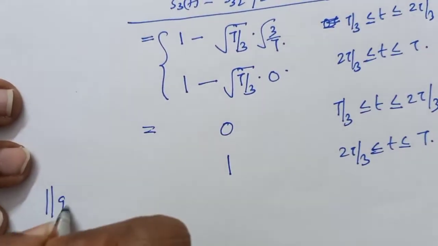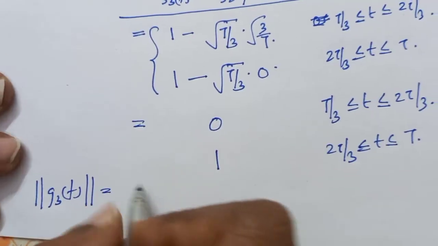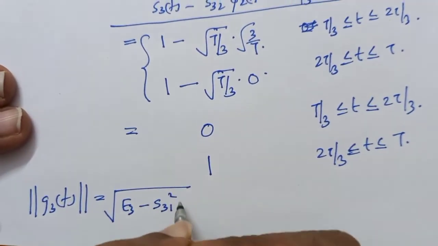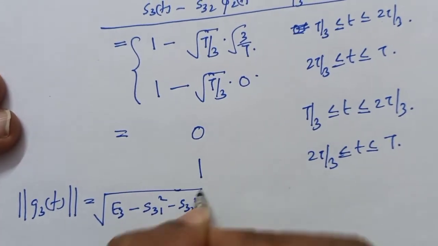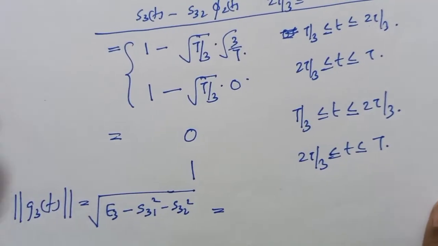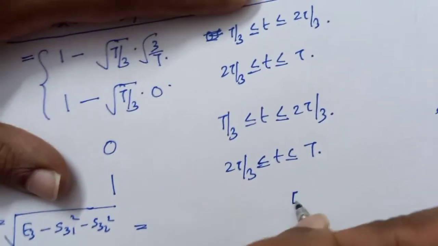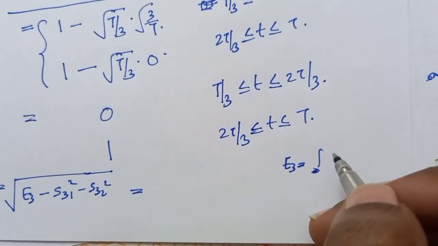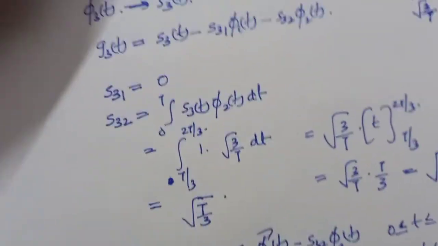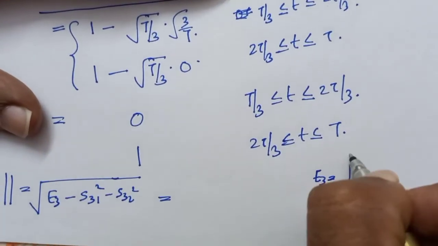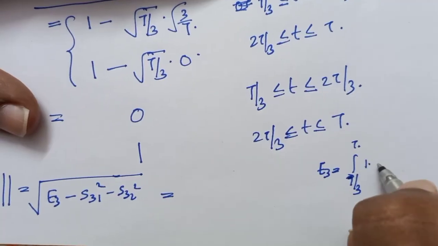Now what about the norm of g3(t)? The norm of g3(t) will be equal to root of E3 minus S31 squared minus S32 squared. Now what is E3? E3 will be equal to the integral from 0 to T, but we know that s3(t) ranges from T by 3 to T. So from T by 3 to T, 1 into dt.